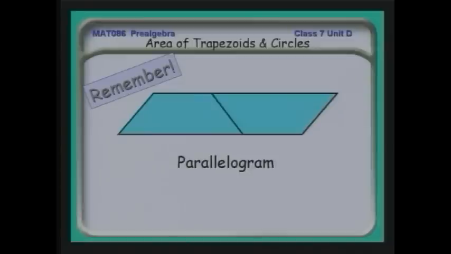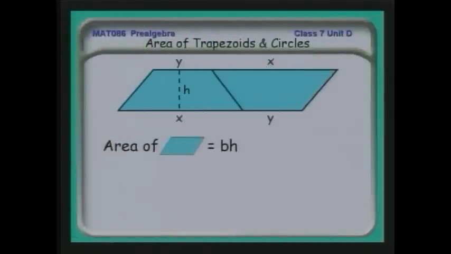I can start with the idea of the parallelogram because I know that there's the height of the parallelogram, h, and the base of the parallelogram is x plus y. So the area of that whole parallelogram made up of the two trapezoids is base times the height, x plus y times h. But since I've divided it in half, each half is a trapezoid.